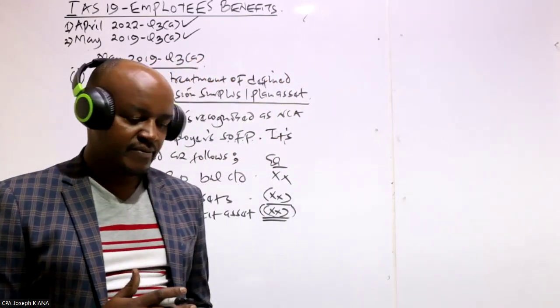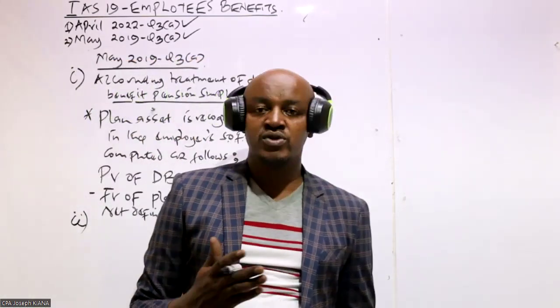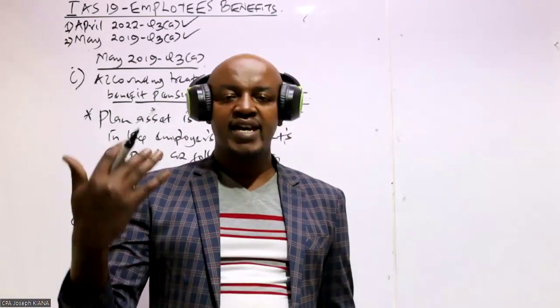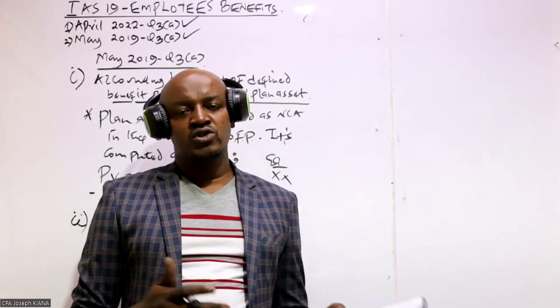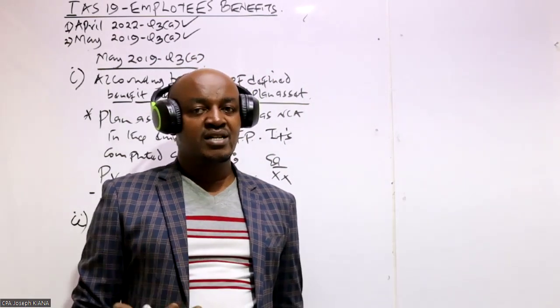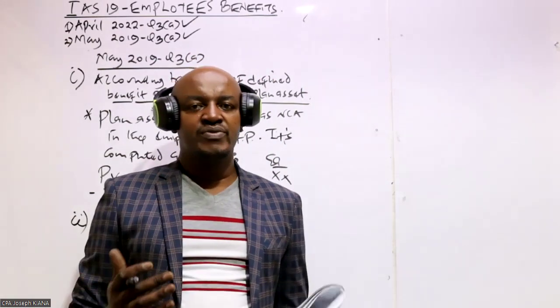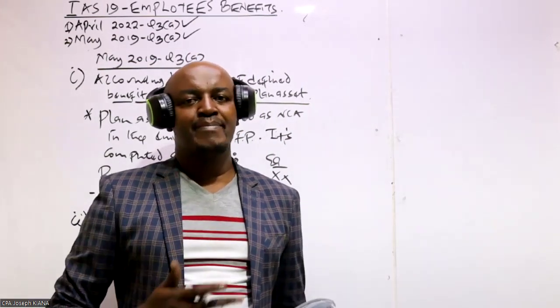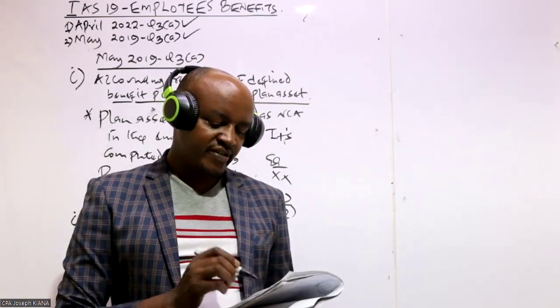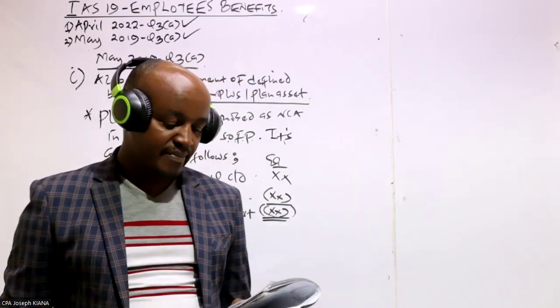Anytime you see that the pension plan was amended to provide enhanced or better benefit, it basically means that the pension to be paid to the employees has been increased. And actually, in our previous session, we said that such an increase in the pension to be paid to the employees is a past service cost. So that figure of 110 million is the past service cost.